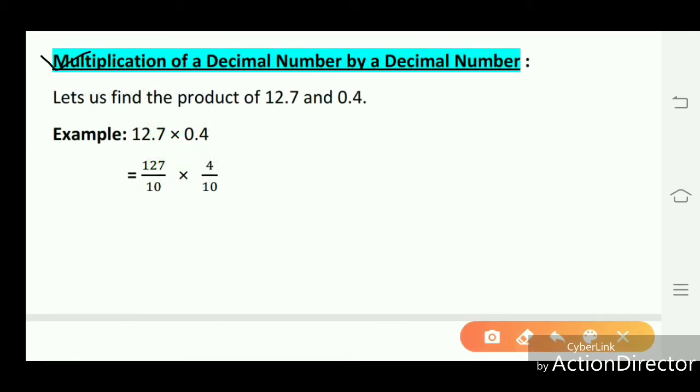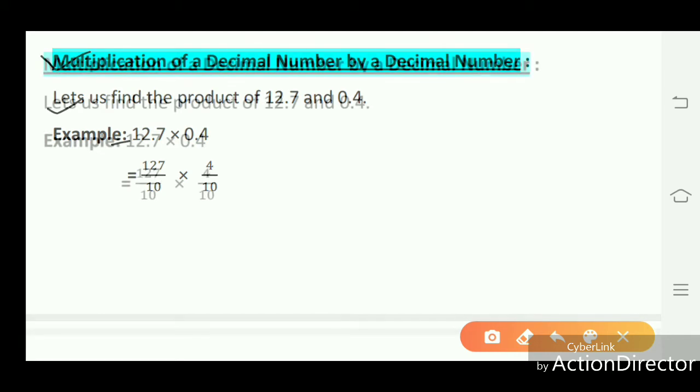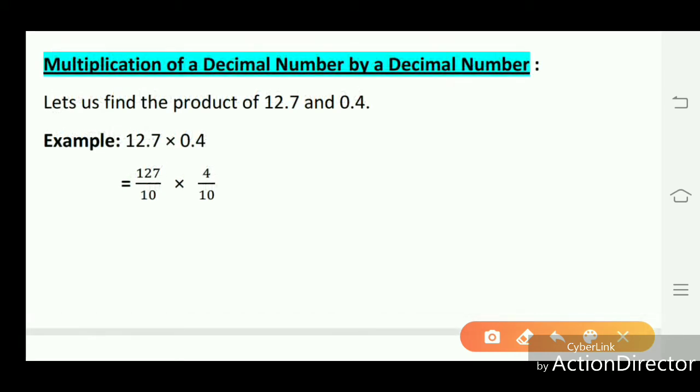Multiplication of a decimal number by a decimal number. Now here we multiply a decimal number with another decimal number. Let us find the product of 12.7 and 0.4. Example: we write 12.7 in fraction form as 127 upon 10, because this number 12.7 has only the tenths decimal place.